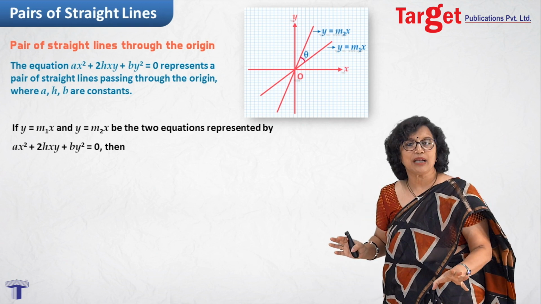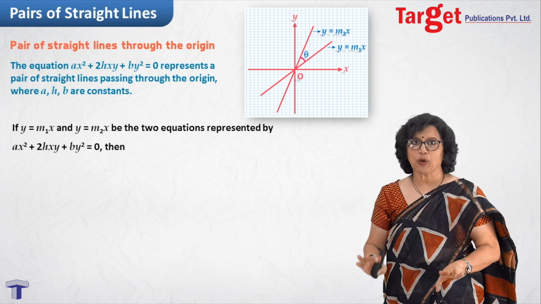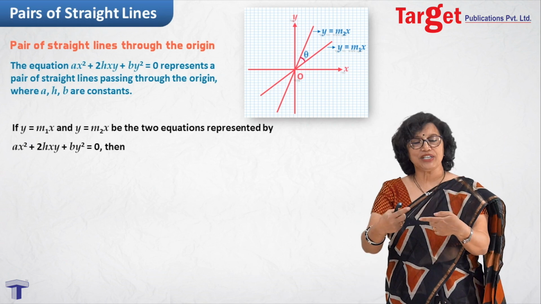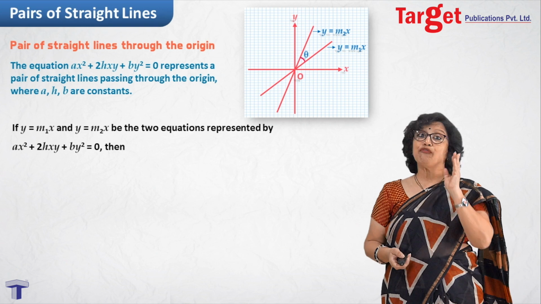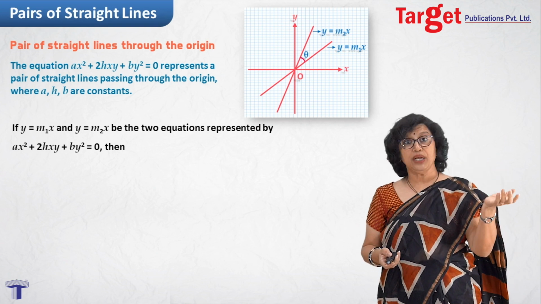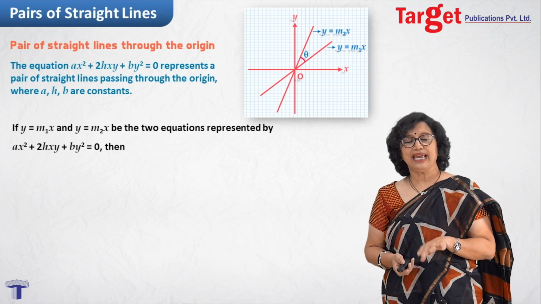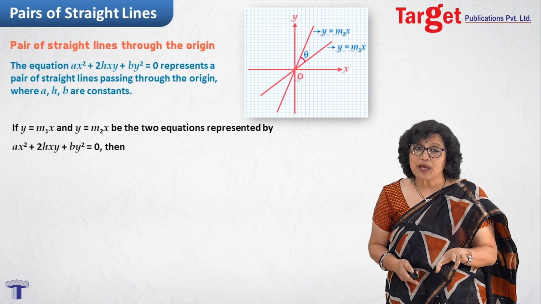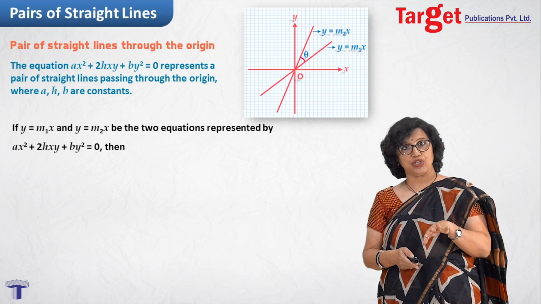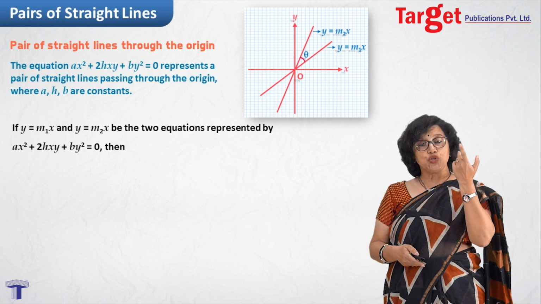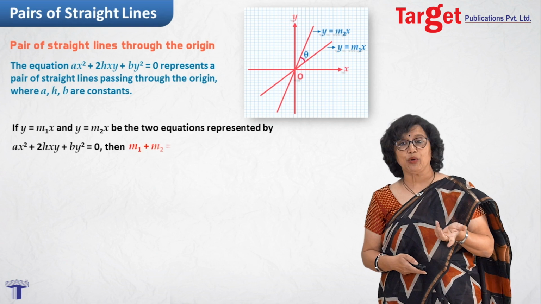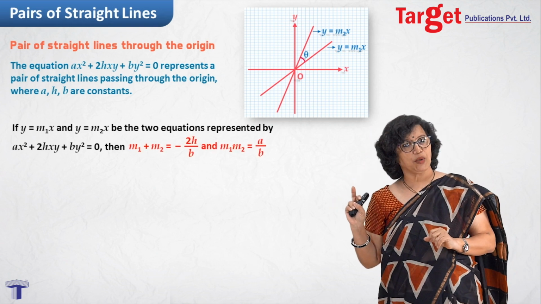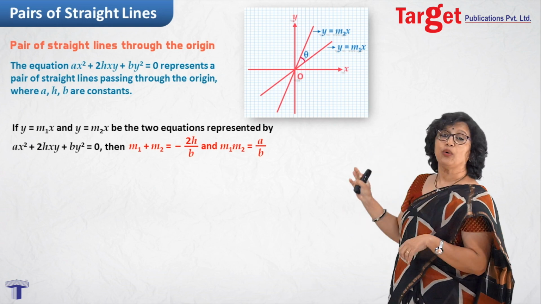Not necessarily every time would you be given that y equal to m1x and y equal to m2x are the equations with which you have to start. I explained it to you in that manner, but when you actually sit for problem solving, you would be given the equation ax square plus 2hxy plus by square equal to 0 directly. And from there we may have to find the actual equations of the lines, right? For that, if ax square plus 2hxy plus by square equal to 0 has to represent two lines y equal to m1x and y equal to m2x separately, then can't I write m1 plus m2 equal to minus 2h upon b and m1 m2 equal to a upon b?